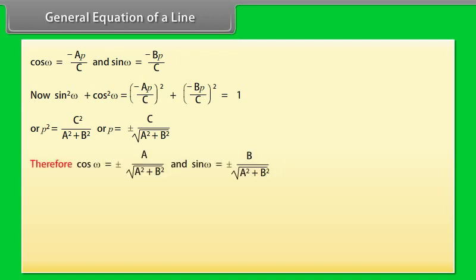Therefore, cos ω = ±a/√(a² + b²) and sin ω = ±b/√(a² + b²).